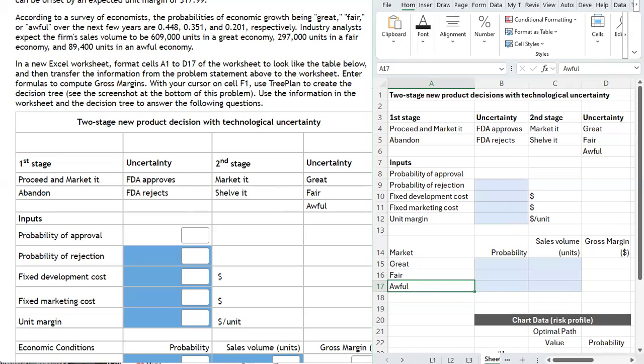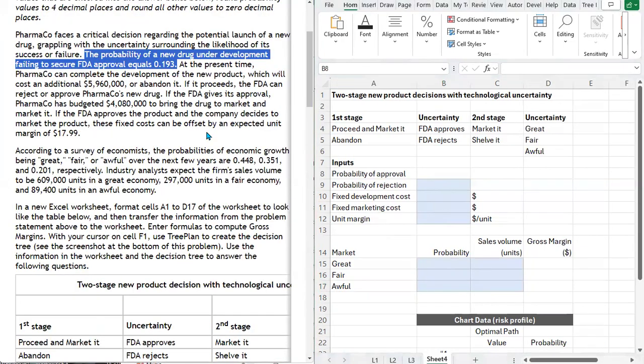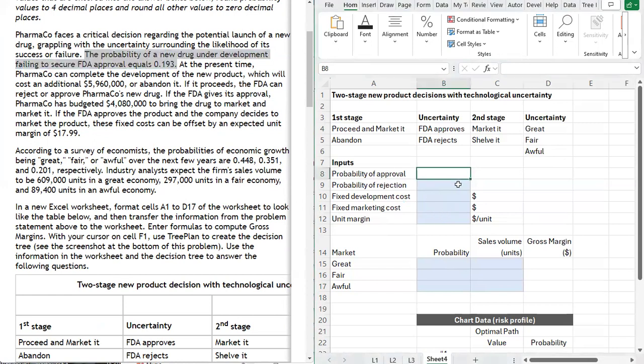I'm going to fill in my spreadsheet model. The probability of a new drug under development failing to secure FDA approval equals 0.193. We're going to put that right here. So the approval must be 1 minus that, right? The fixed development cost is $5.96 million.